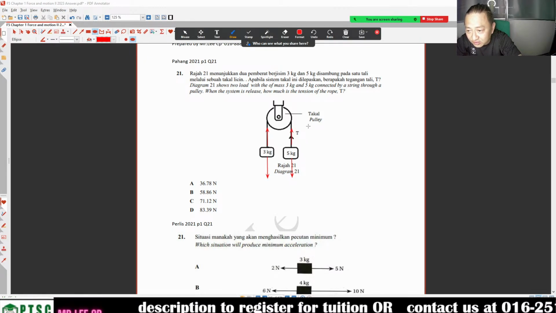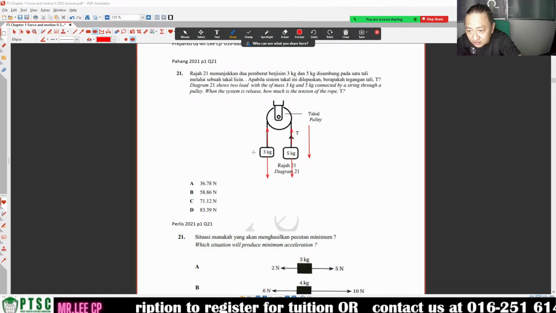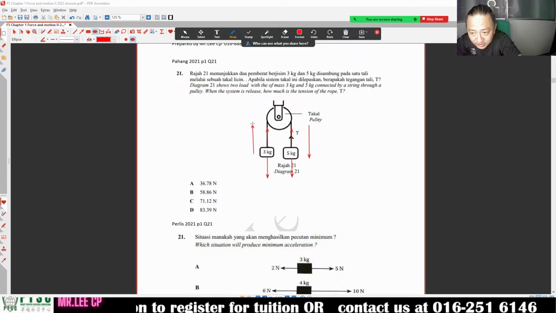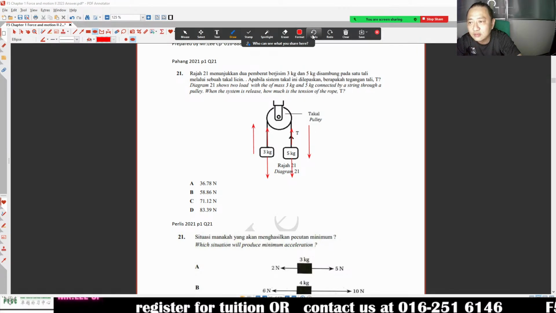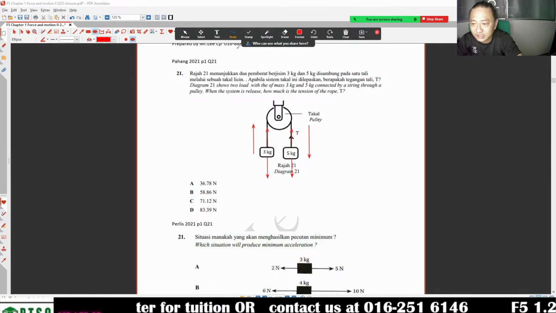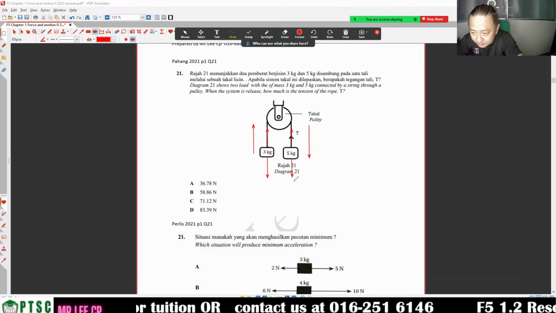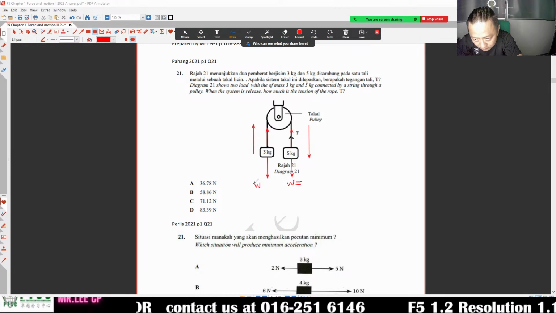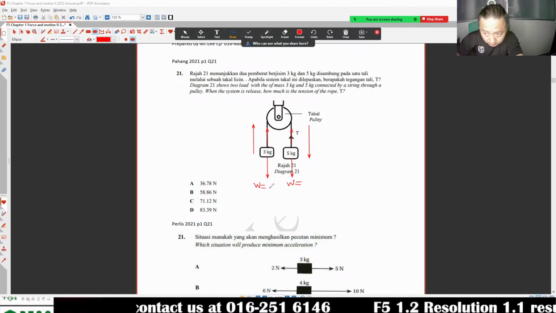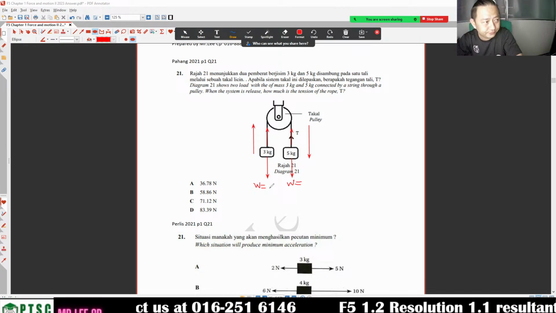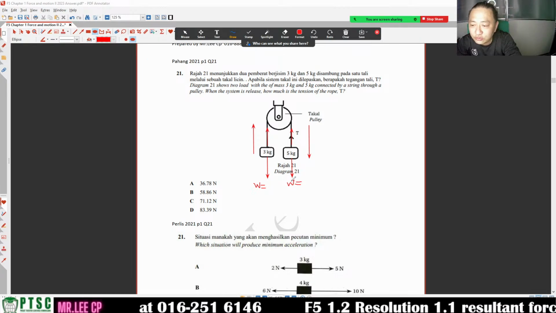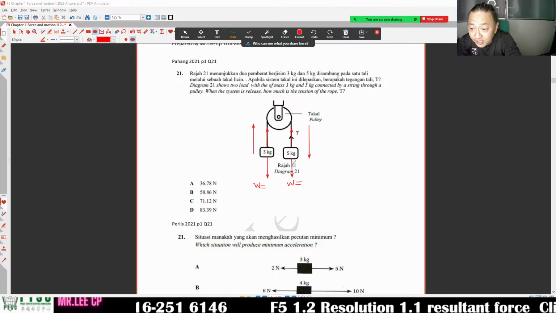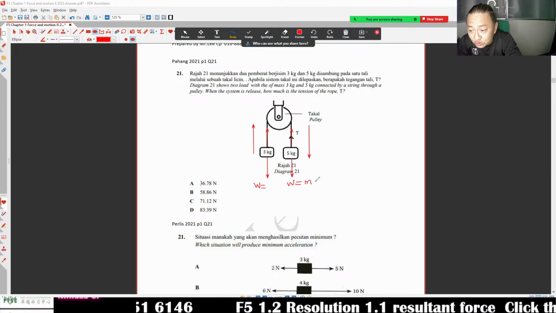This one is heavier, so it's going down. This one is lighter, so it's going upward. Label everything in. So how are we going to do it? This one is heavier, so the weight is mg.